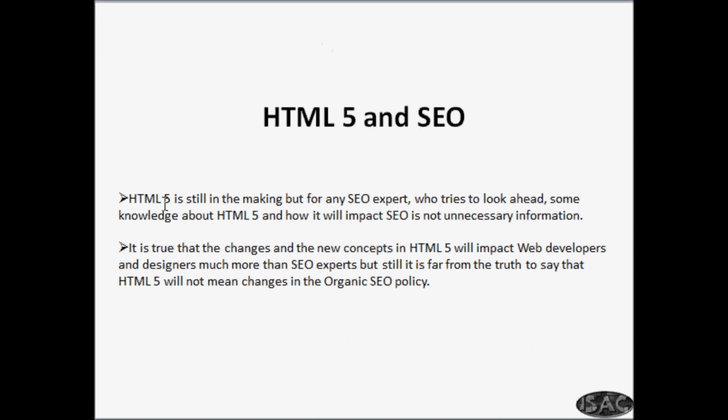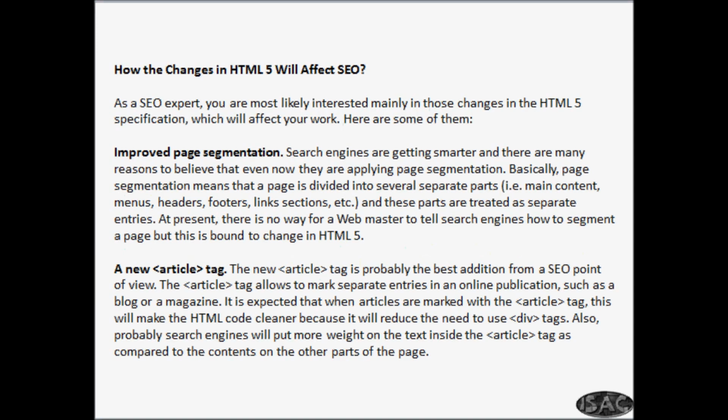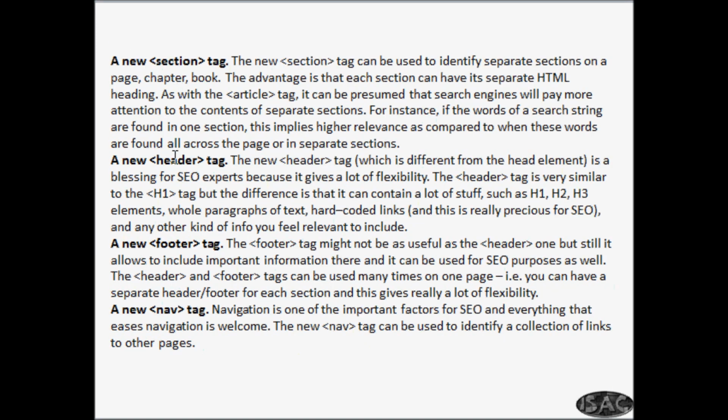Now HTML5 is still in the making, but for any SEO expert who tries to look ahead, some knowledge about HTML5 and how it will impact SEO is not unnecessary information. A lot of new HTML5 tags have been introduced which are recognized by SEO. If you use those tags, it's good for your website or applications, right? In HTML5 we have the article tag, section tag, header tag, footer tag, and navigation tag.